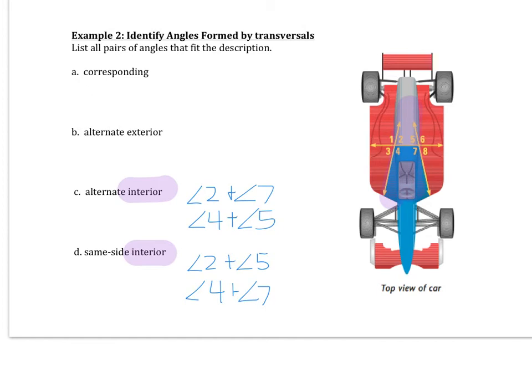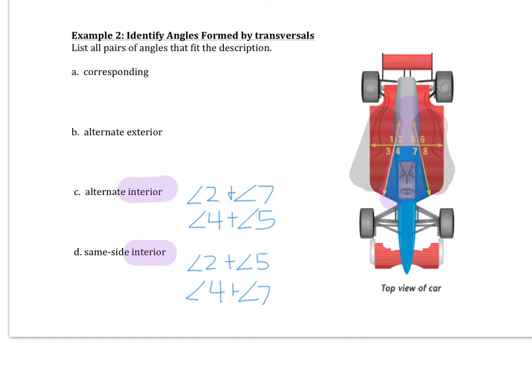Exterior. A shade of brown. The exterior is, I can't see it very well. Let me try this one. There we go, a little darker. The exterior is what I just highlighted.